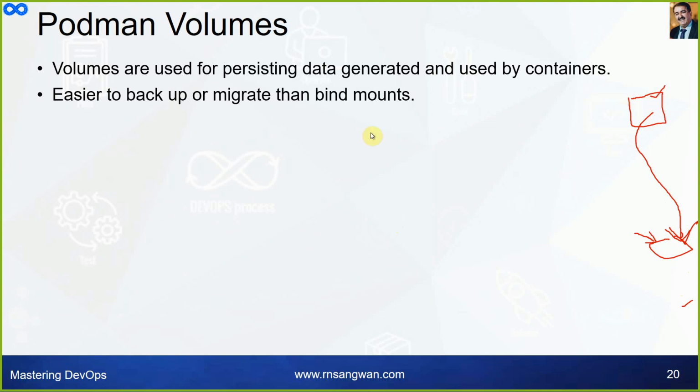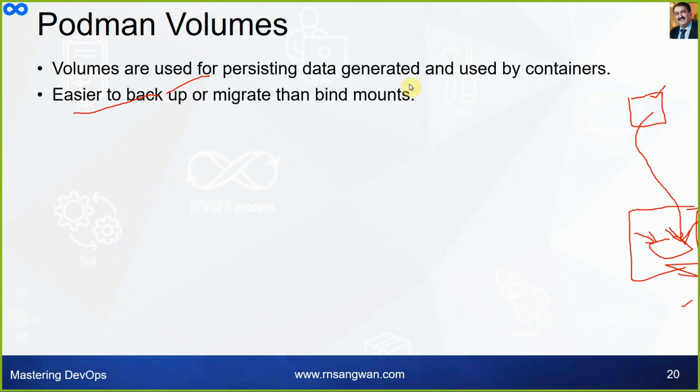When you are using a volume, that will be easier to backup. Why? Because if it is an NFS server, you literally don't have to do anything. You can use it wherever you want, or you can have the same storage mounted as read-write on one container and read-only on another container.